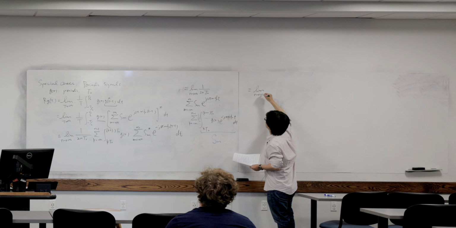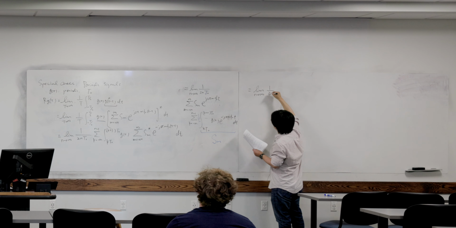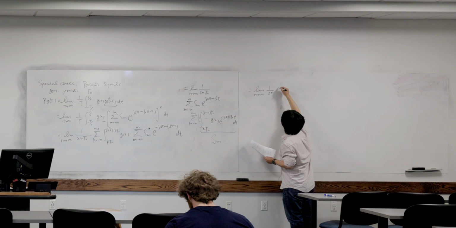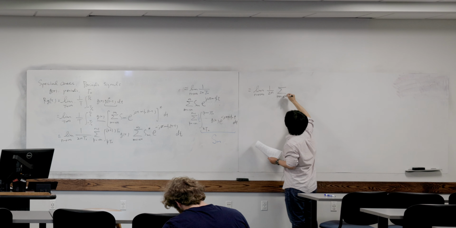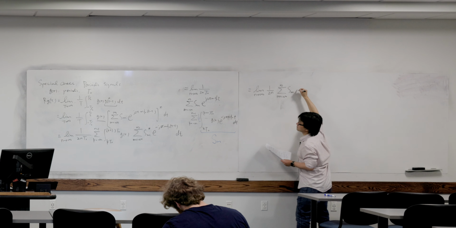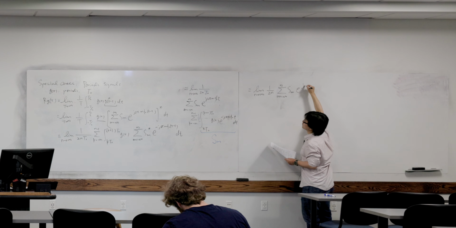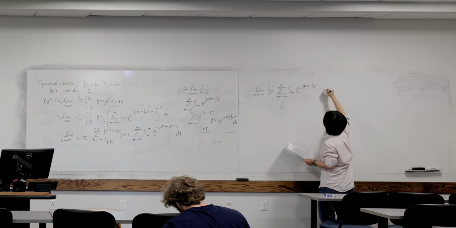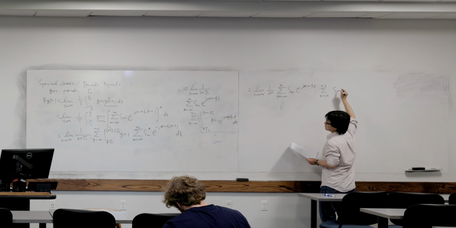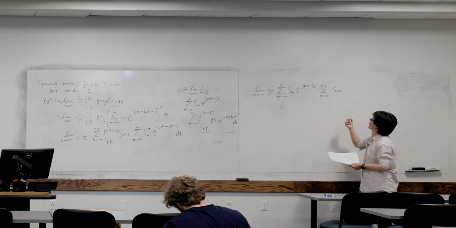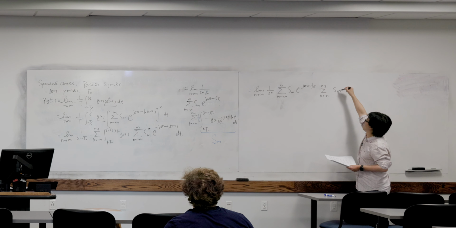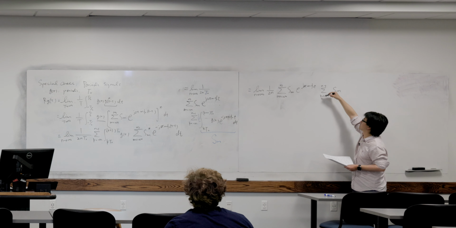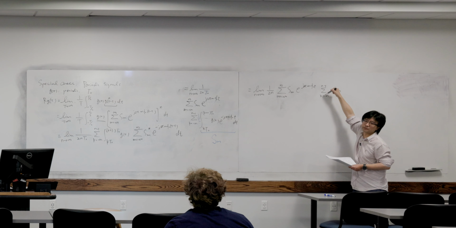See what we have left. We have 1 over 2N here, and the middle part is S_m e^(j2π m f_0 t), and then we have a summation over k. This is not a function of k, right? So the summation over k basically means we add this number a number of times.